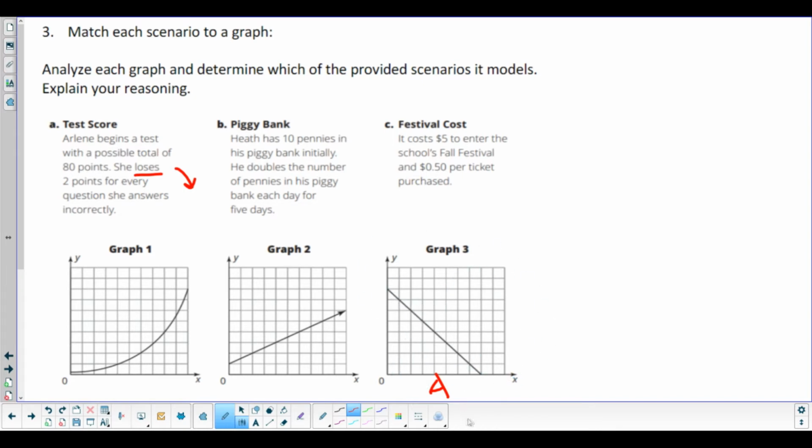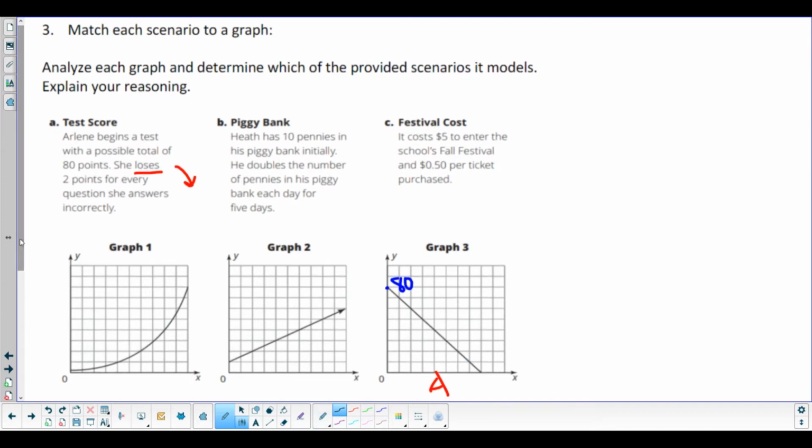This is going to be our test score. Here would be our 80 points. And then each time we miss a question, we lose some points going down. And notably, it doesn't have an arrow because you can't get less than 0. Well, at least I haven't yet on a test. Don't try to. So situation A goes to graph 3. Anyway, so we've got 2 left, B and C, between 1 and 2.